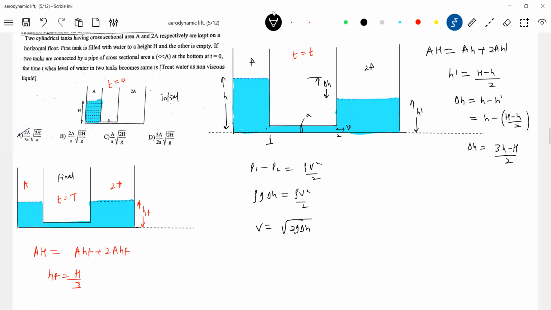Okay, now let's get into what will happen to the level, the flow rate. Flow rate at 2 should be equal to flow rate at 1, because whatever amount of liquid is decreasing per second in this left container, that much liquid per second should enter here.